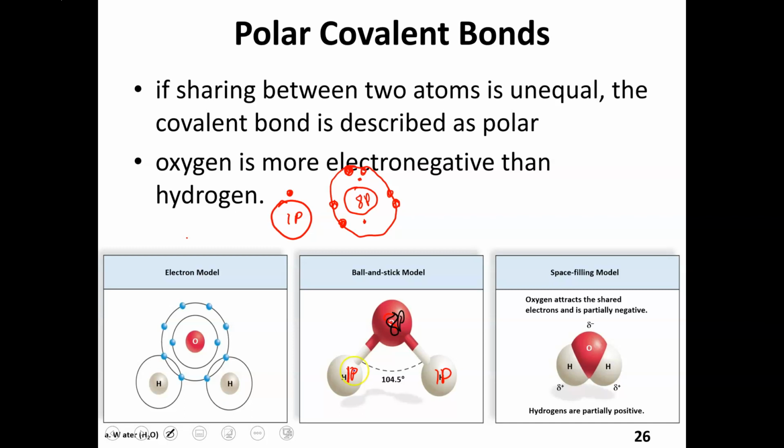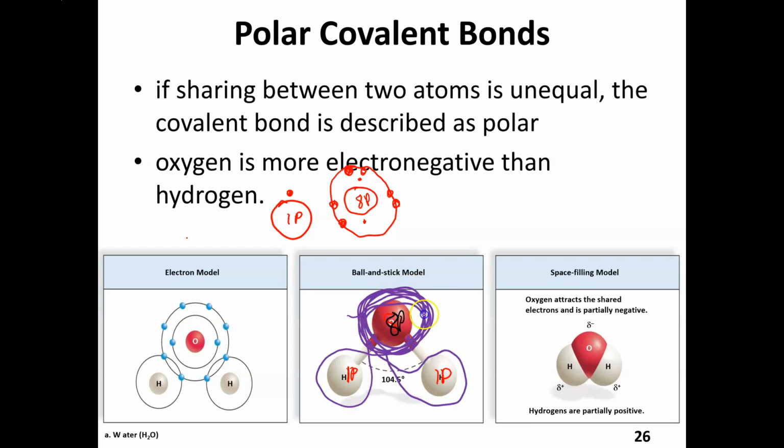What happens is the electrons, since there's so many more protons up here, the electrons sit closer to the oxygen. And so basically electrons don't stay in any given place. Electrons orbit. So they move around the oxygen, they move around hydrogen, they move around oxygen, oxygen, oxygen.